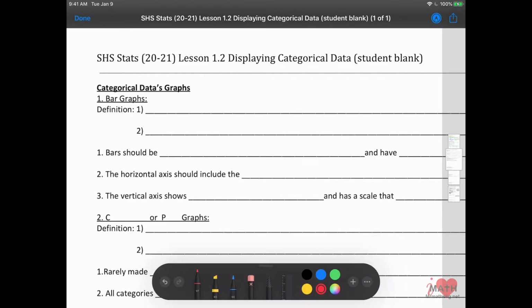The definition is shows each category as a bar.